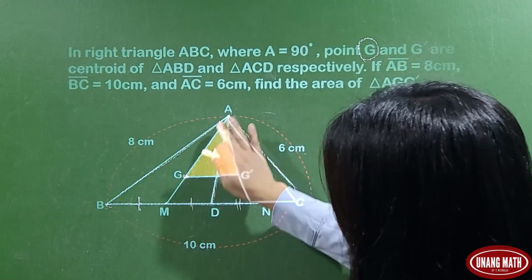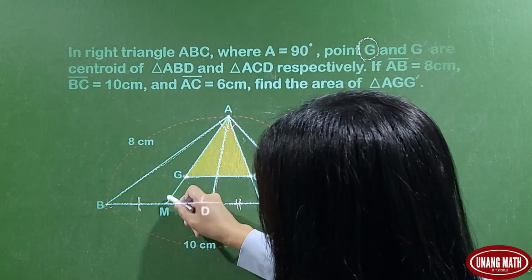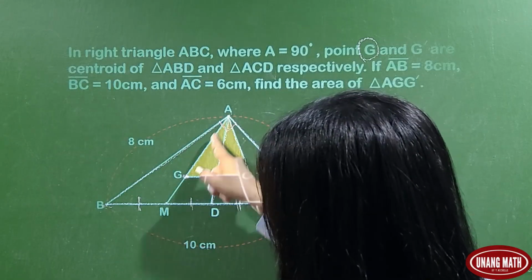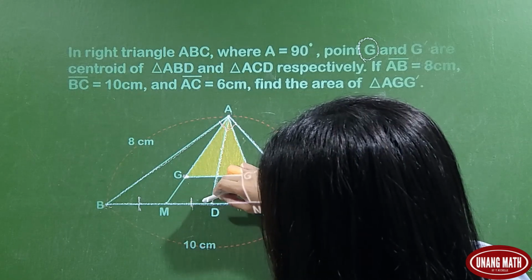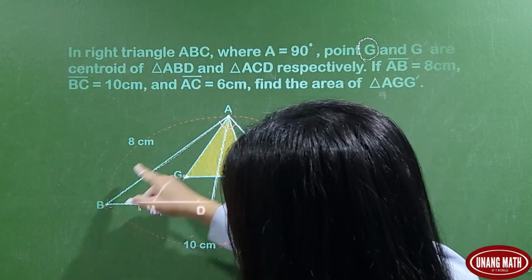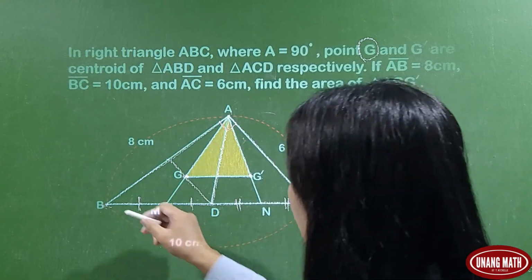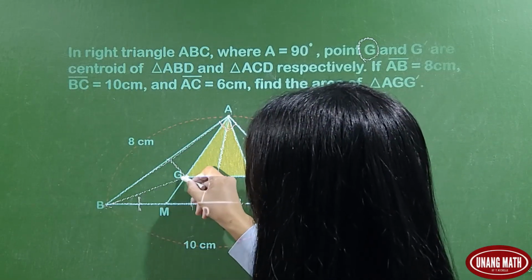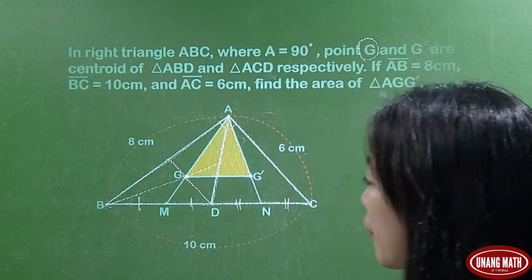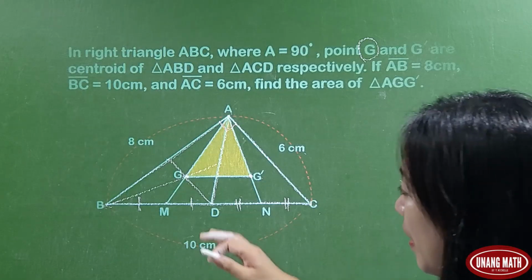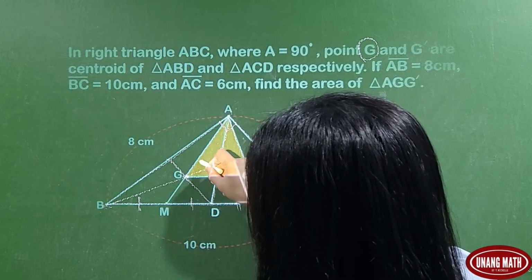Now, considering this triangle ABD, if this is a median, and we draw another median, it would be from this vertex to the midpoint of segment AB. So this is another median. And from this vertex to the midpoint of segment AD, we have this third median. Notice that this part is not equal to this part.